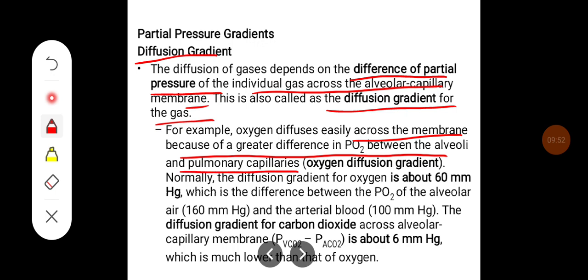Normally, the diffusion gradient for oxygen is about 60 mm Hg, which is the difference between the partial pressure of oxygen of the alveolar air, that is 160 mm Hg, and the arterial blood, that is around 100 mm Hg. The diffusion gradient for carbon dioxide across the alveolar capillary membrane is about 6 mm Hg, which is much lower than that of oxygen.